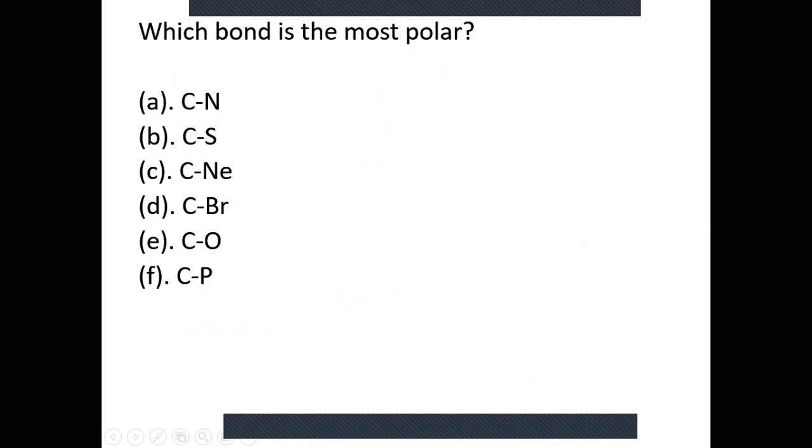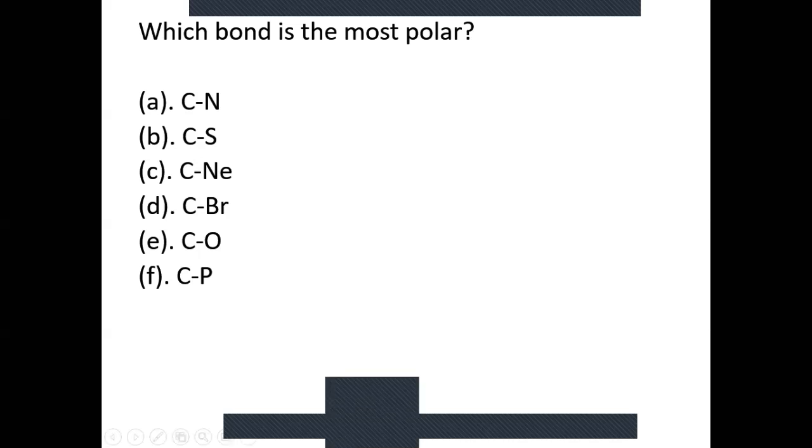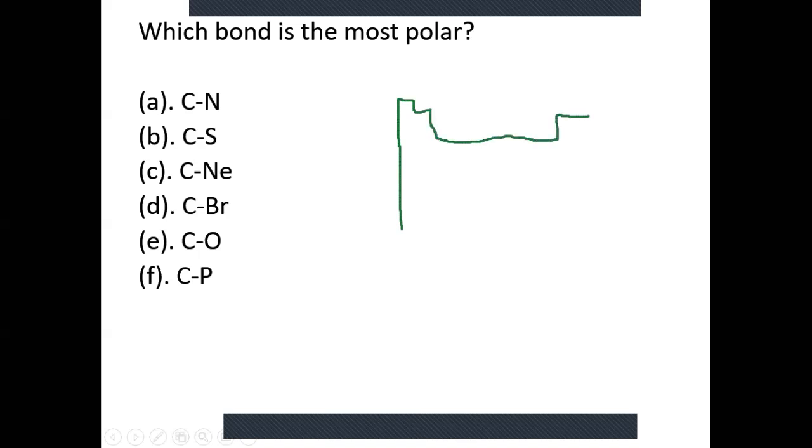So here we have a series of bonds where carbon is the same and we have different other atoms attached to it. We want to know which one is the most polar bond. And remember from the periodic table, we got to know the trends of electronegativity.